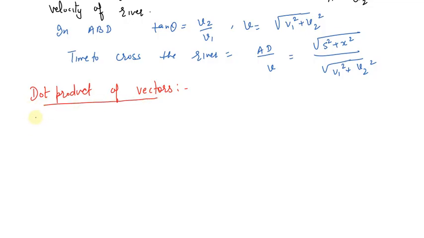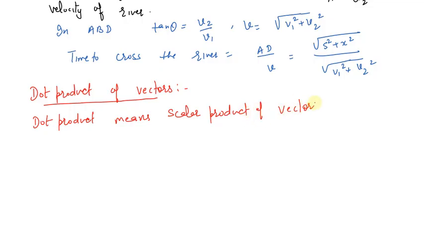Dot product means scalar product of vectors.